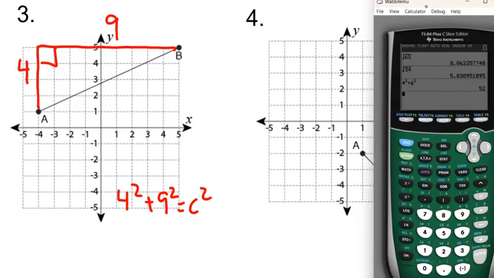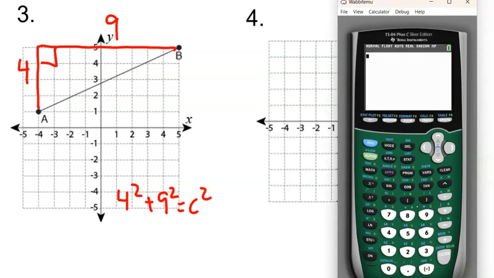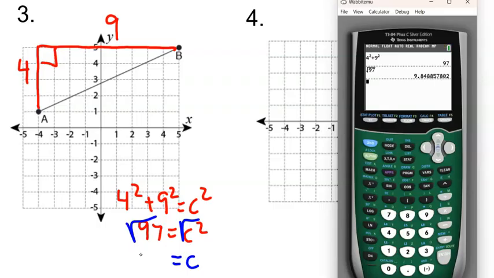I'm going to type it all at once this time. 4 squared plus 9 squared is 97. And when I square root both sides, my c will no longer have an exponent. So I'm going to take the square root of 97 and round to the nearest tenth, which is approximately 9.8.